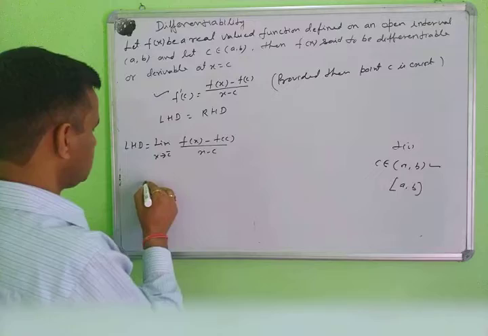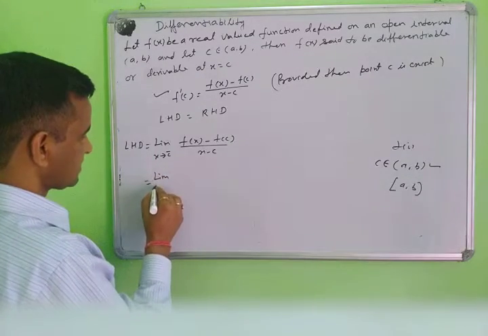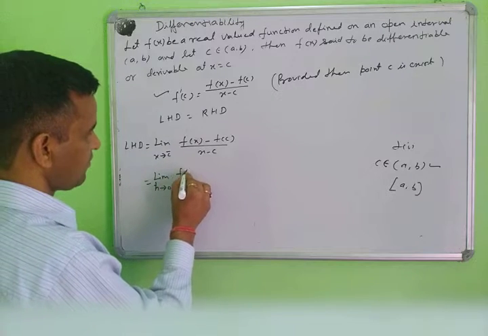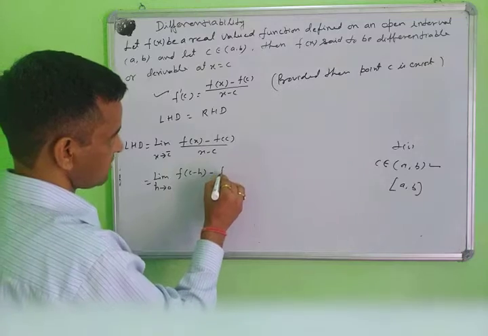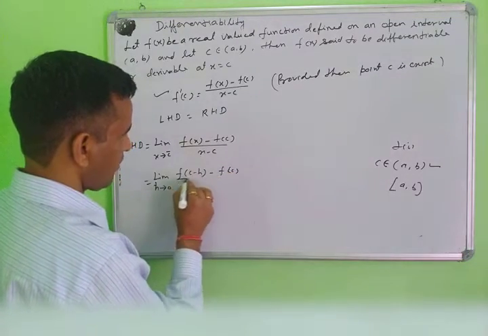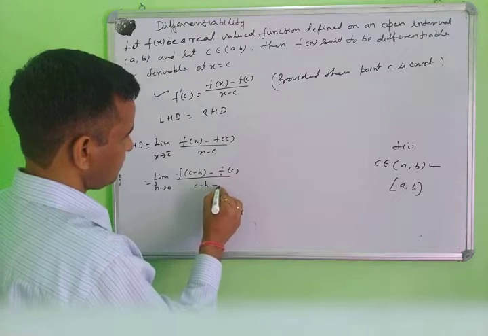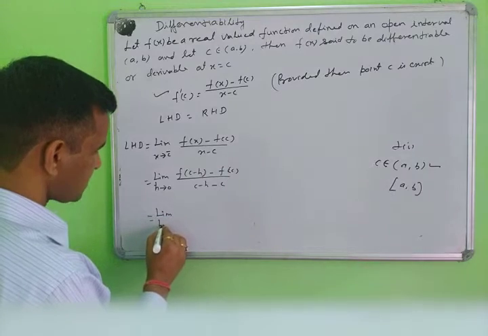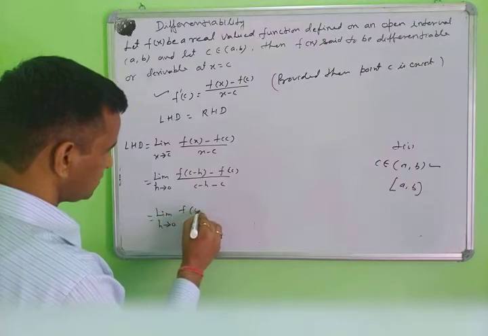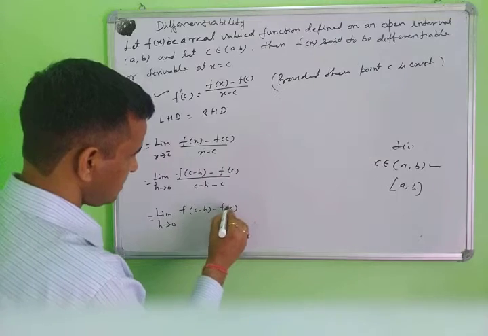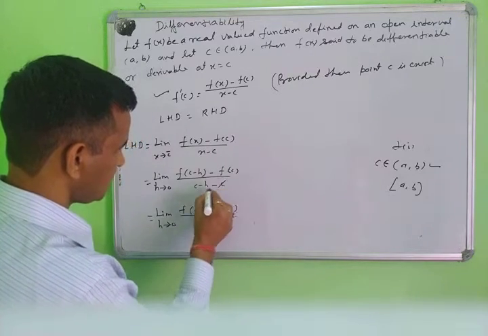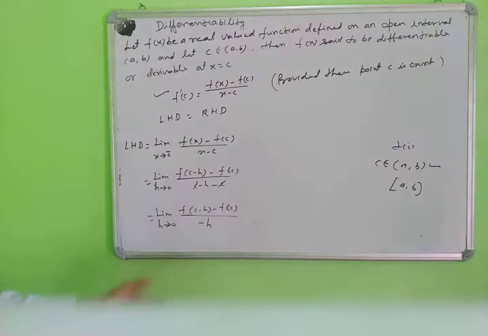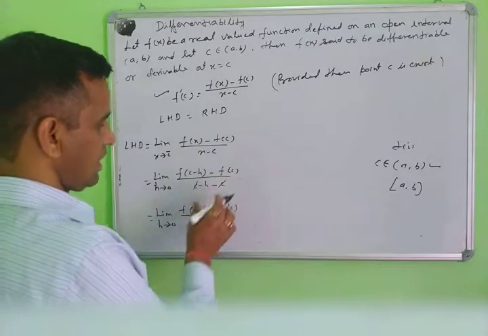Now put x equal to c minus h, with h tending to 0: the limit of f(c minus h) minus f(c) upon c minus h minus c. The c cancels, so minus h is left. This is the identity of the left hand derivative.